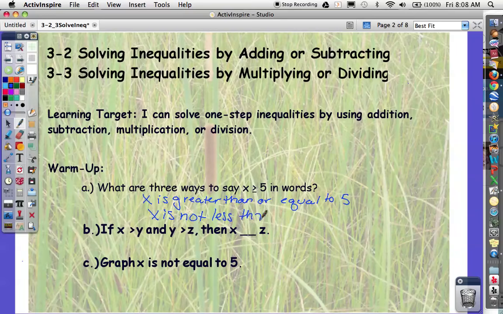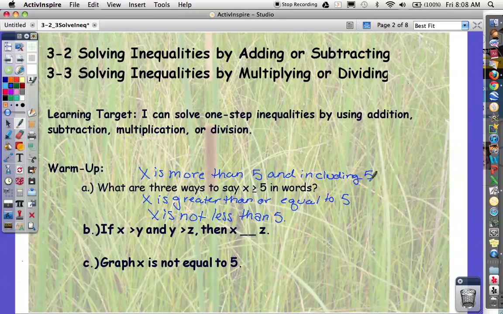If it's not less than 5, it has to be greater than or equal to. And we could also say x is more than 5 and including 5, or more than or equal to. Either one of those ways. So if you say and including 5, that says it can be equal to it as well.